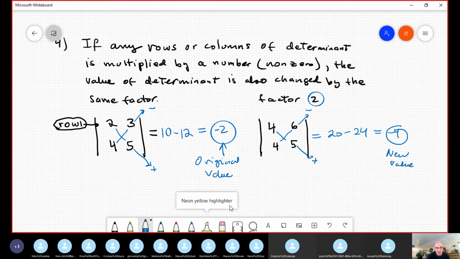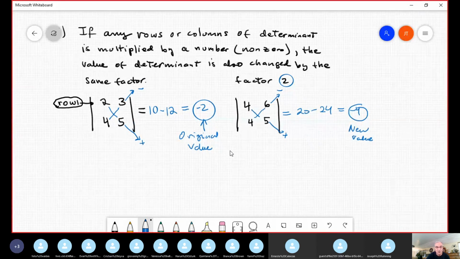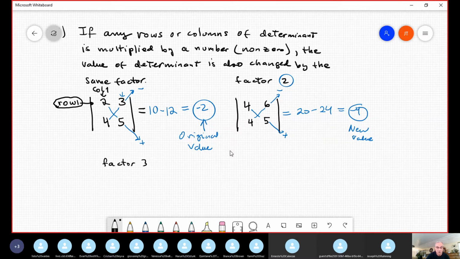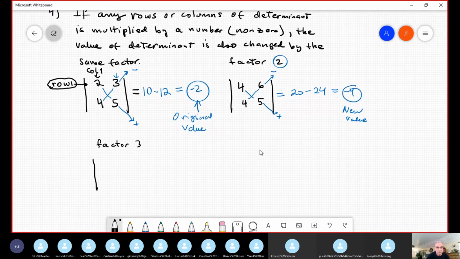Okay. A little bit confused. At least for me, it's a little bit confused. Let me try another example. Suppose I want to multiply the column 1. This column. So the column 1 I want to multiply by a factor 3. So the new determinant after the transformation is 3 times 2 is 6. 3 times 3 is 9.